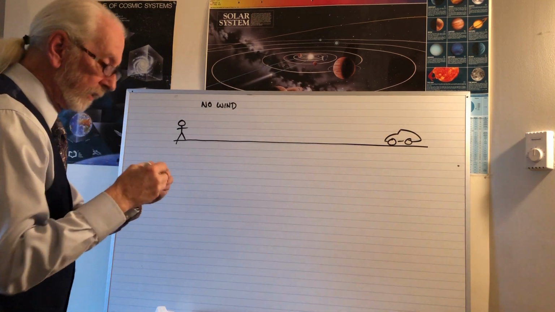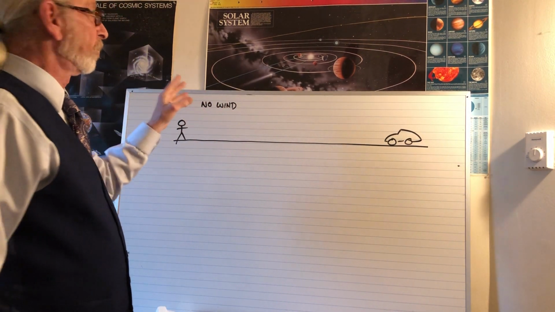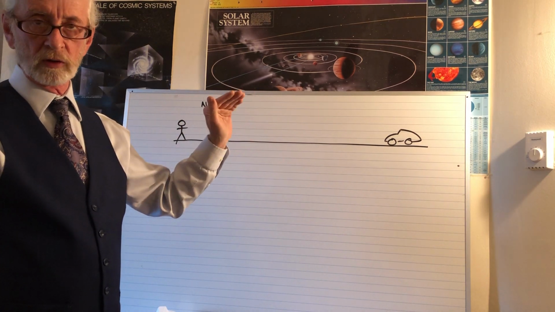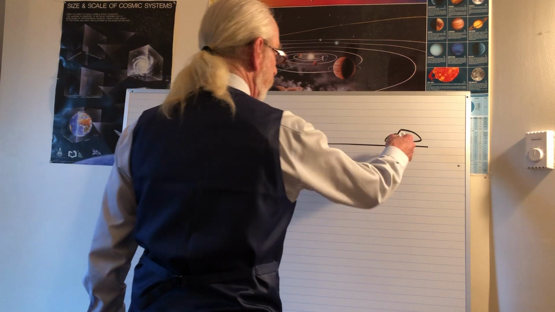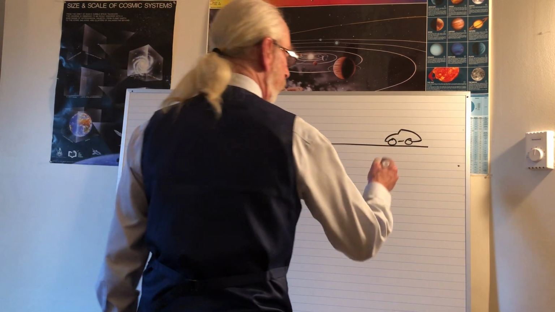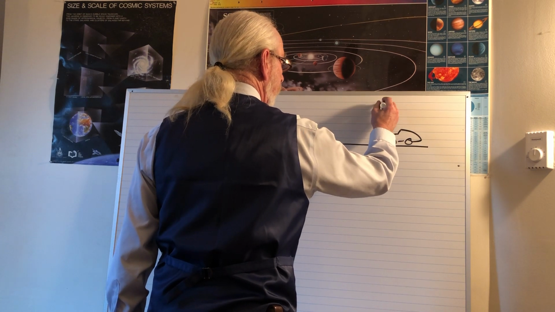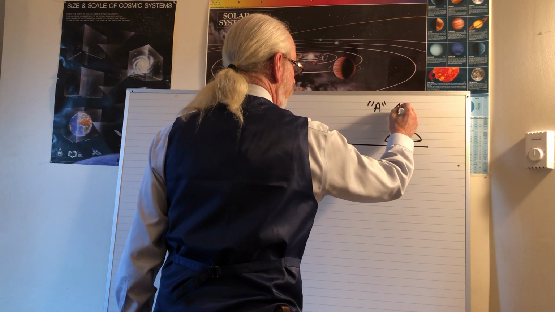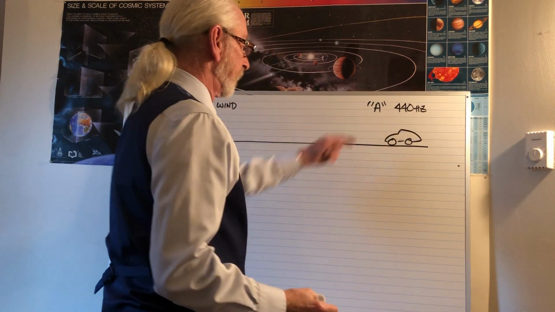No wind. And that's important because what we're saying is that there is no motion of the medium relative to the observer. So, let's say this guy has a custom horn installed in his car, perfect concert pitch A, 440 hertz.